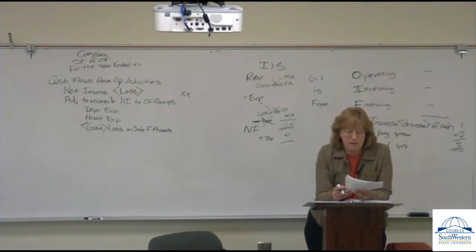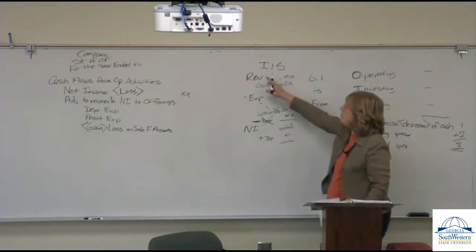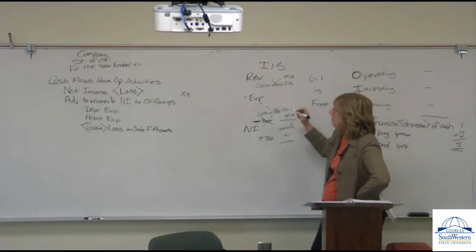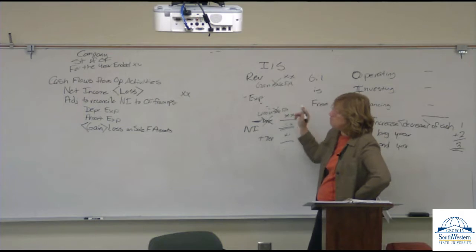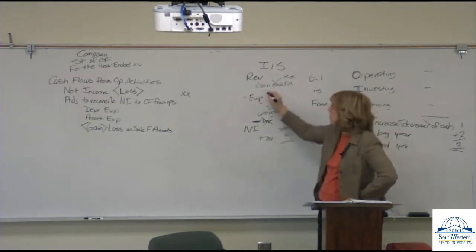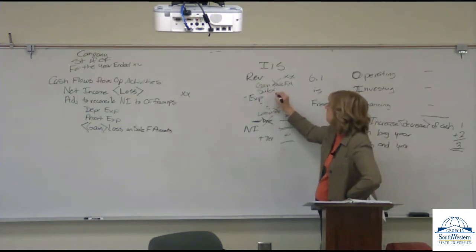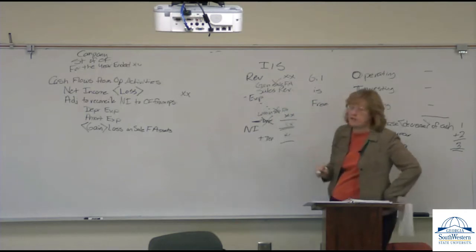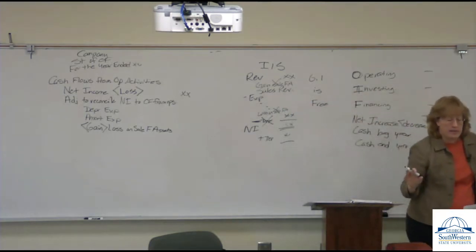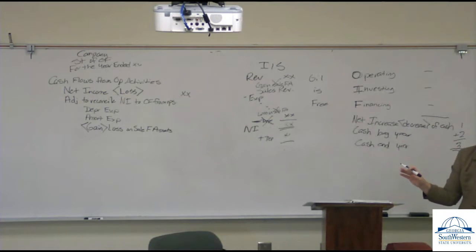Okay, now we're coming to another sticky wicket. On our income statement, we had revenues, which included sales revenue. Sometimes we sell things and we get cash for it. Other times we sell things and we get accounts receivable for it.